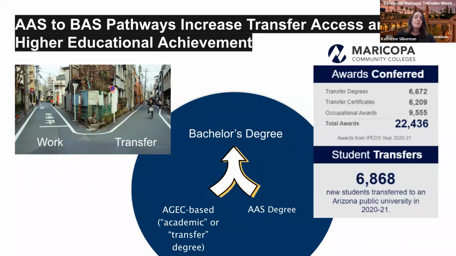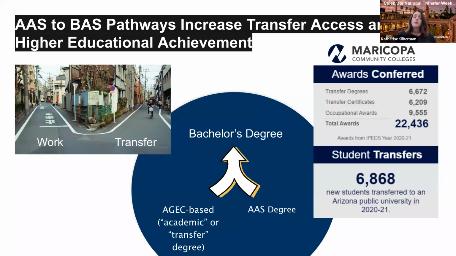Very similar majors, like in business or computer technology, might have an AAS option or multiple AAS options, and then a more traditional transfer route with a bigger block of general education credits and a smaller section of major credits, because it's saving space for you to do those higher level major requirements at the university.